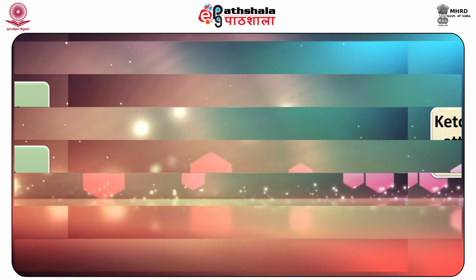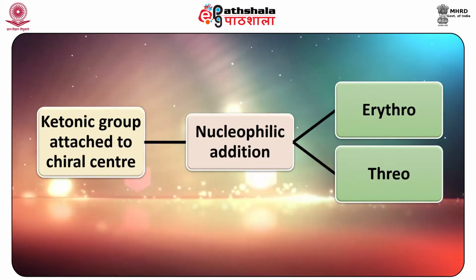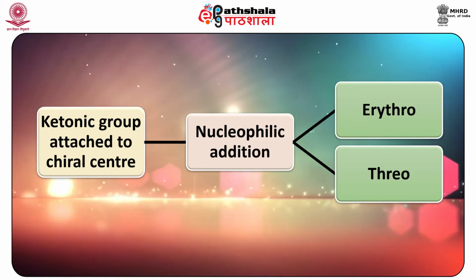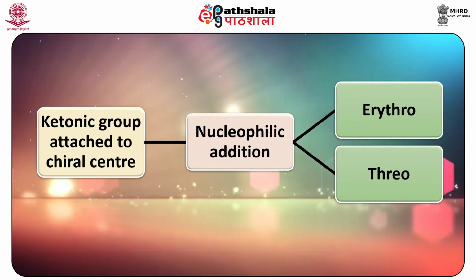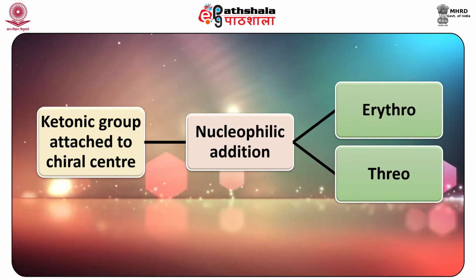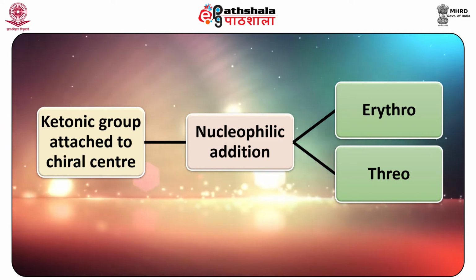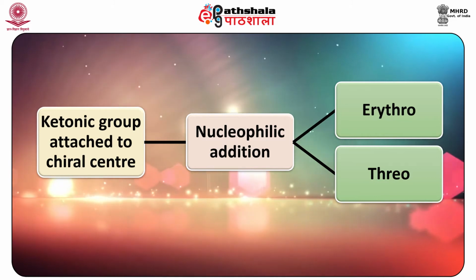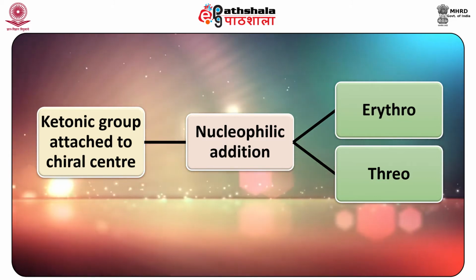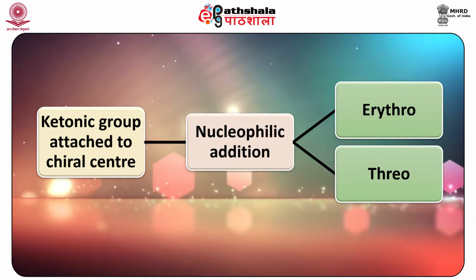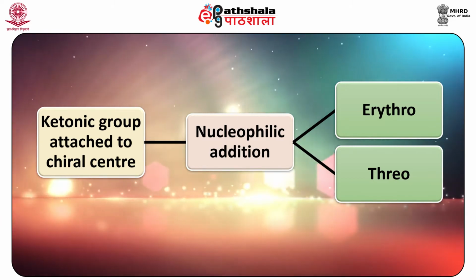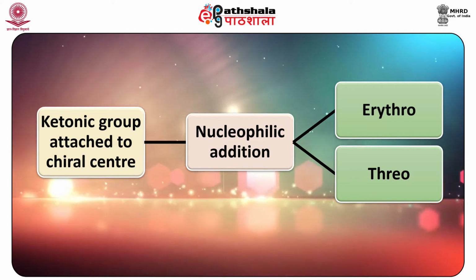Cram's rule. When a ketonic group is attached to the chiral center, for example R–C=O with substituents RL, RM and RS, where L, M and S stand for a large, medium and a small group respectively, it undergoes a nucleophilic addition with organometallic or metal hydride reagents.